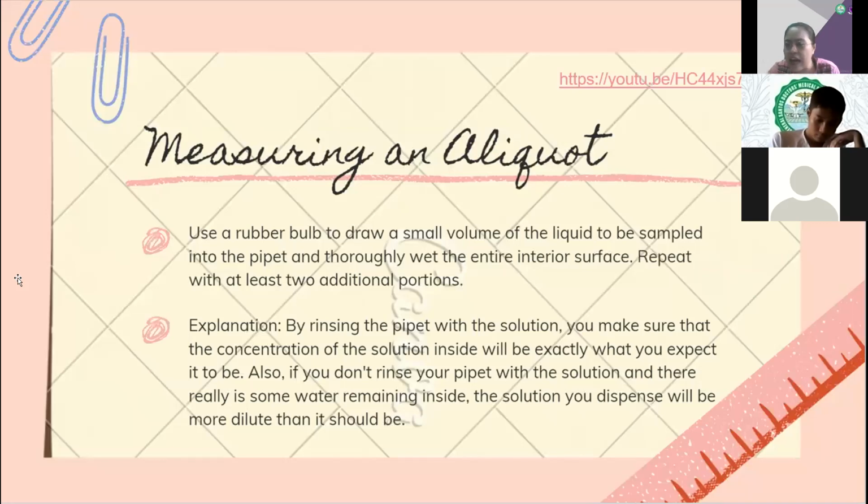And kailangan mo munang i-wet ng liquid to be measured ang all the interior surface at least twice. So yung purpose naman yan is to make sure that the inside is made up of the liquid to be measured, wala nang ibang contamination. Okay? And wala nang tubig na naiwan doon that can dilute our sample.